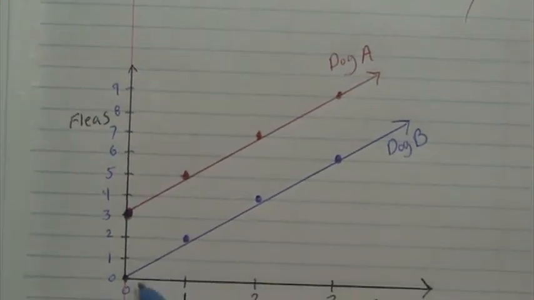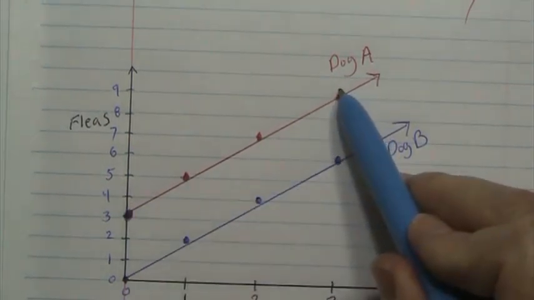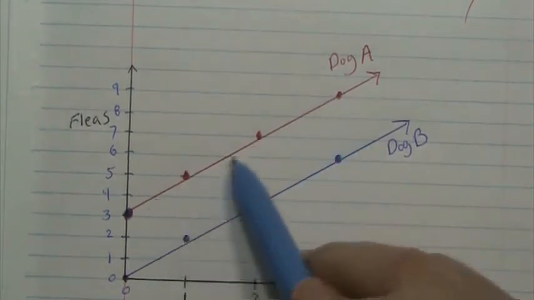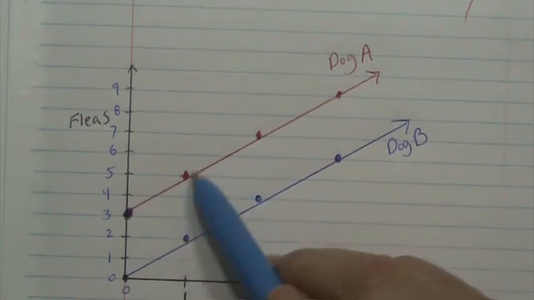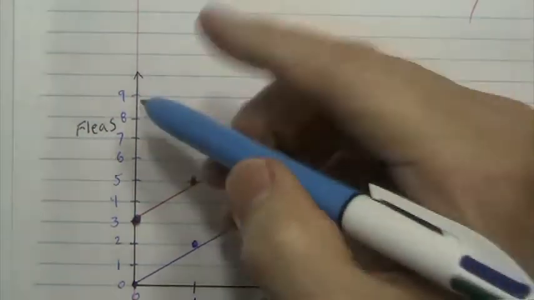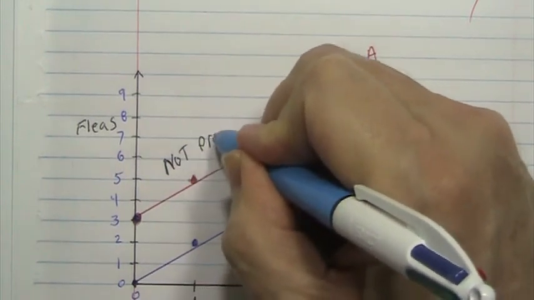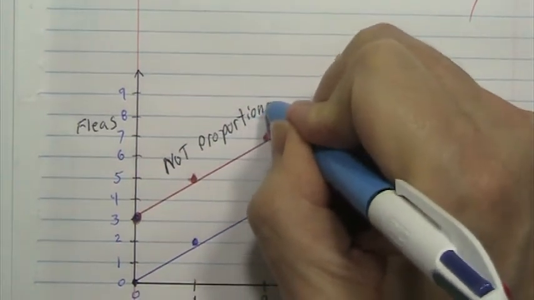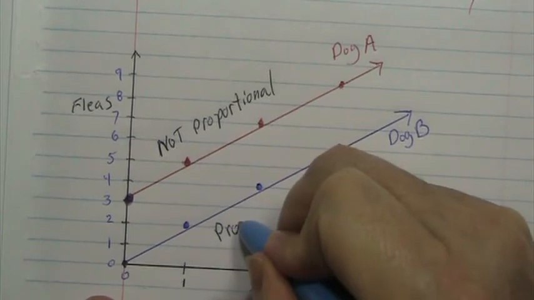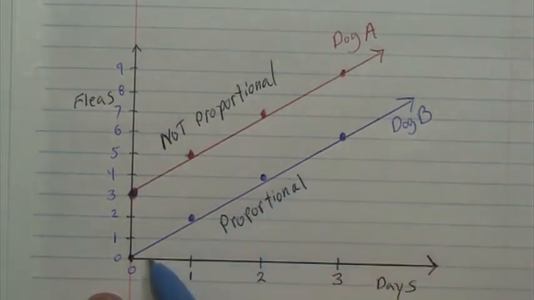All right, now notice that the slope of the lines are the same. Notice that this one here, though, is not proportional. I'm going to write that down right there. Not proportional. And this one is proportional, because it's a straight line through the origin.